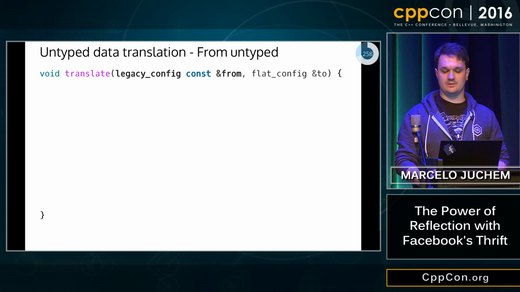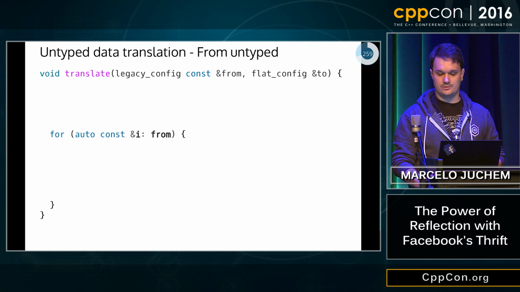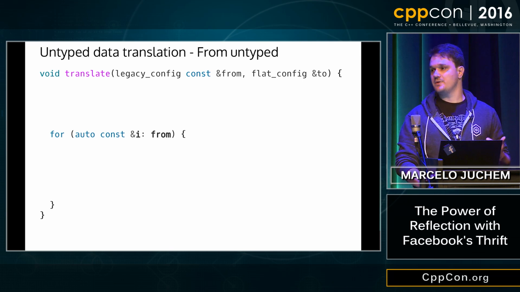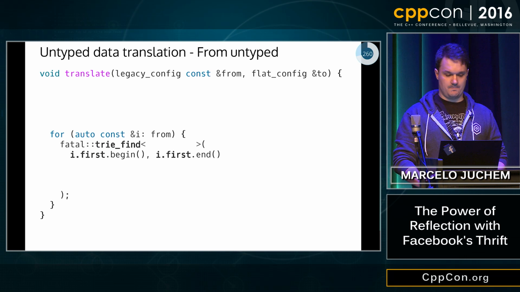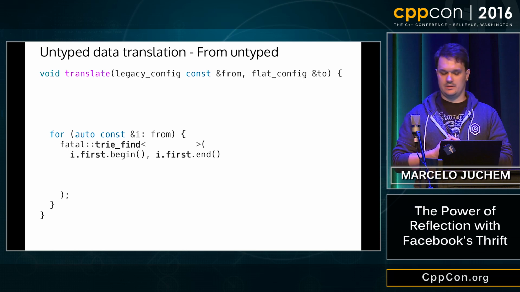What's the implementation for converting from untyped data, say a map of string to string, to the typed version? Well, basically, you iterate on what you have, which is just a map, and you use the try find technique to find the corresponding member matching this particular key.